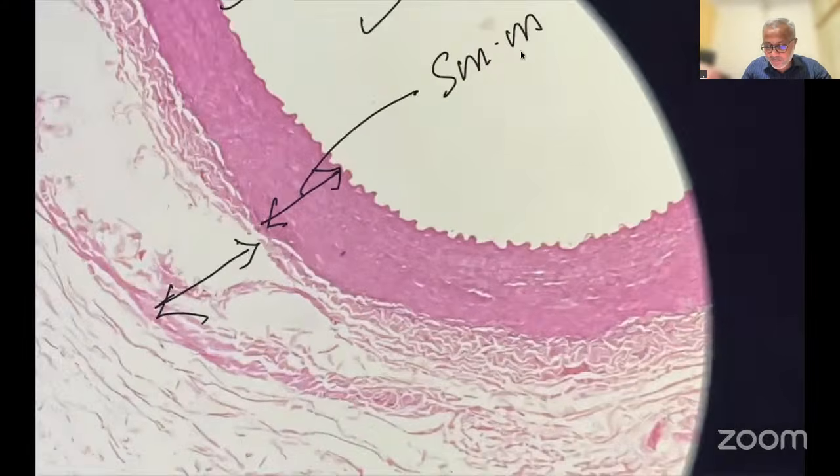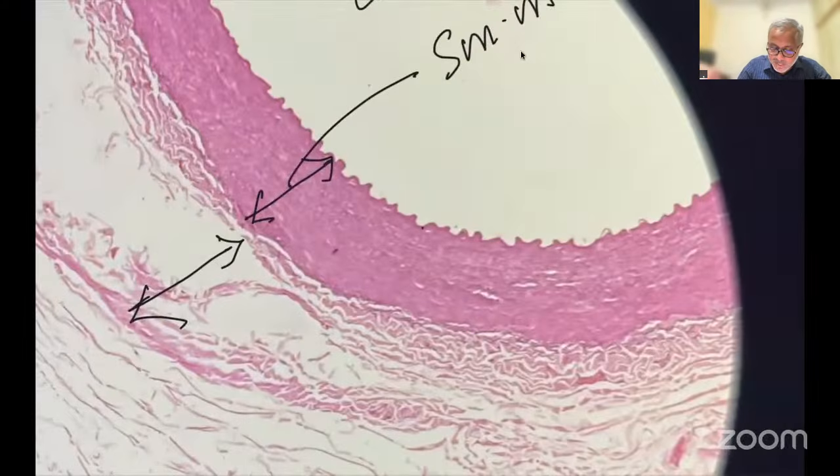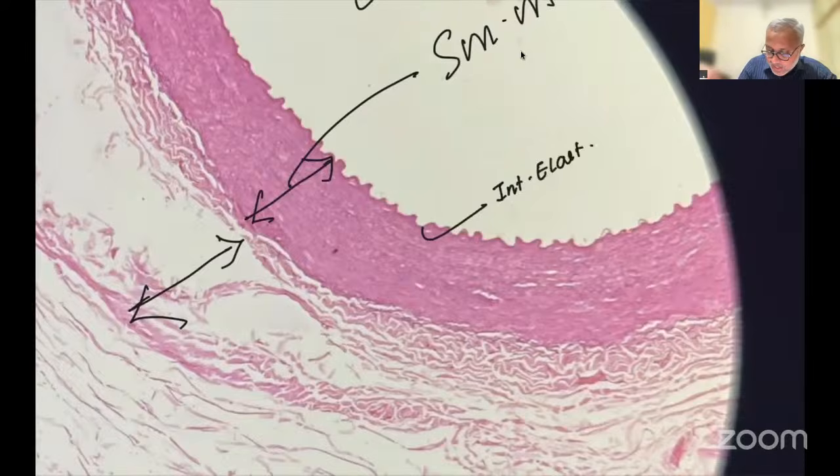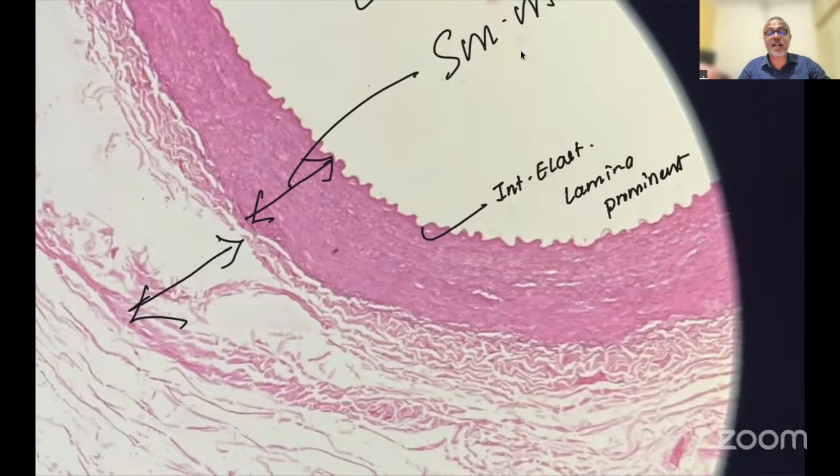But if we enlarge this, can you see this prominent layer? Now this wavy layer is what we refer to as the internal elastic lamina. Right? Now internal elastic lamina is very prominent in medium sized artery or muscular artery. Your examiner will definitely ask you, why is this?